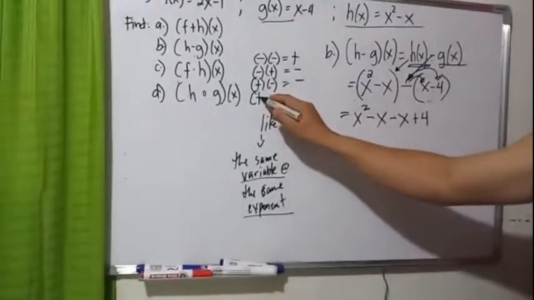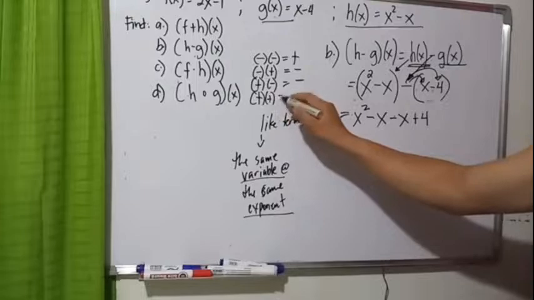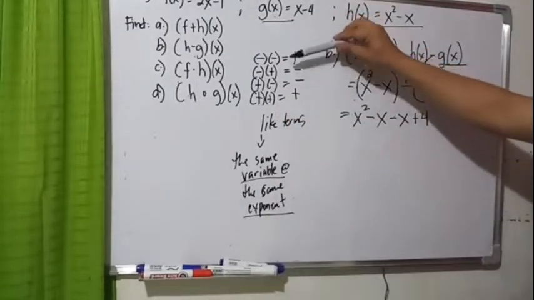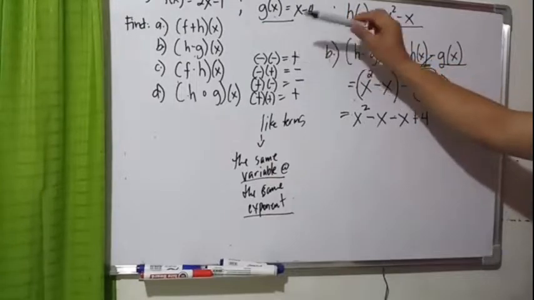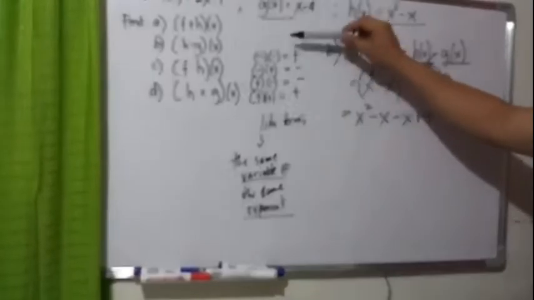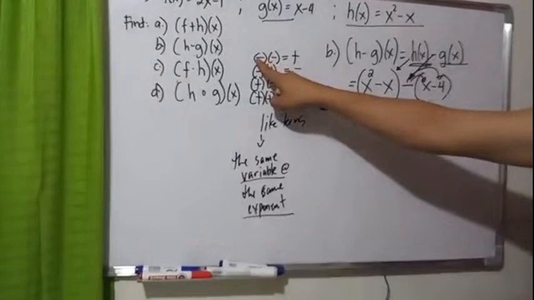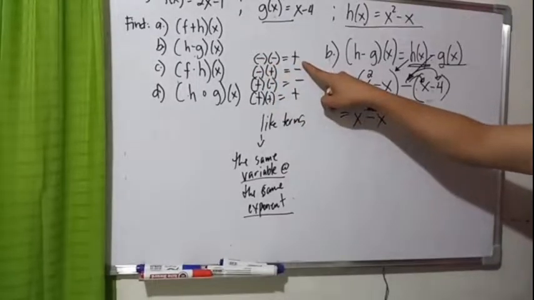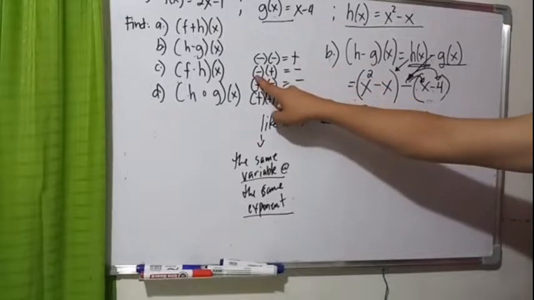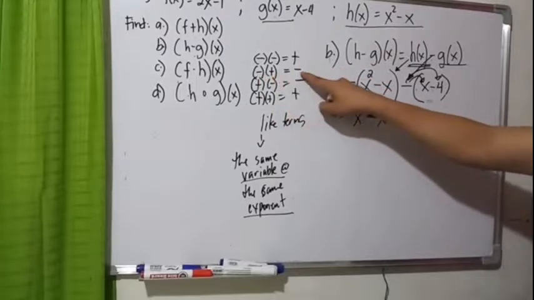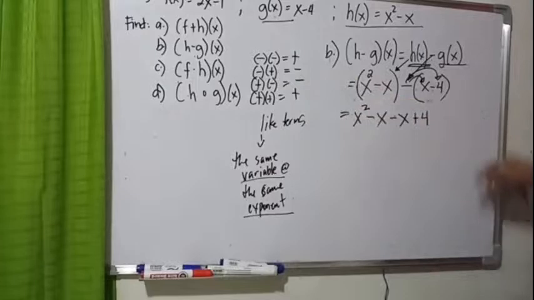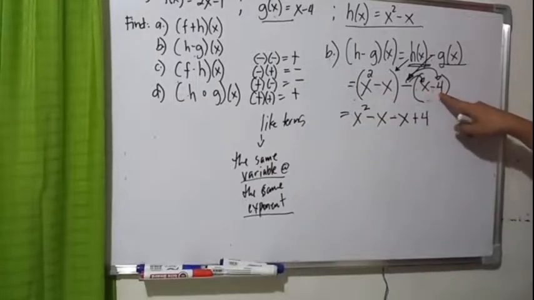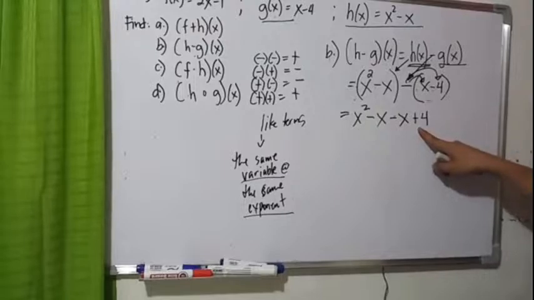And last one, positive times positive equals positive. Ito yung operation signs natin. Multiplication and division, ito yung gagawin ninyo. Pag negative times negative or negative divide negative, ang result niyan is positive. Then negative times positive, the result niyan is negative. Same dito. Negative times negative, so magiging positive 4.